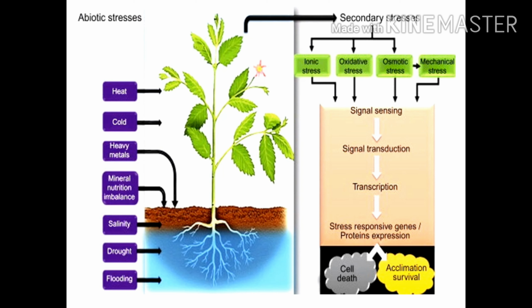The RNAs are produced and they have four types of RNA: mRNA, messenger RNA; tRNA, that is transfer RNA; rRNA, that is ribosomal RNA; sRNAs, soluble RNAs.